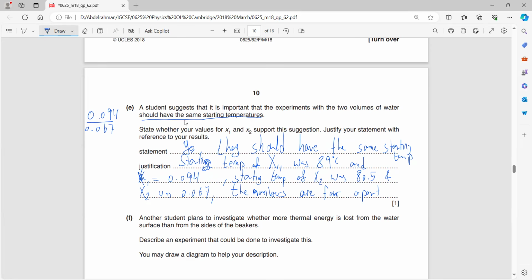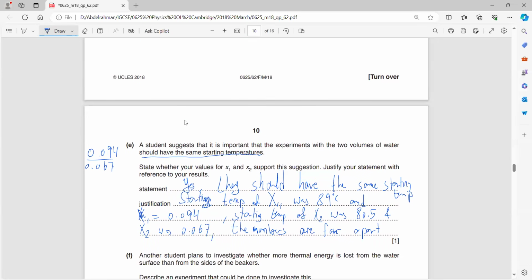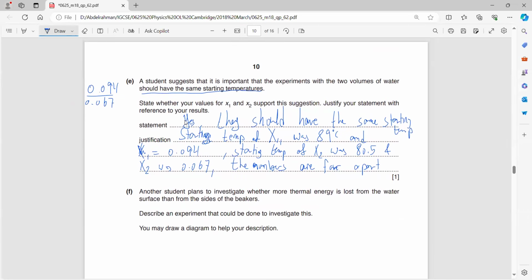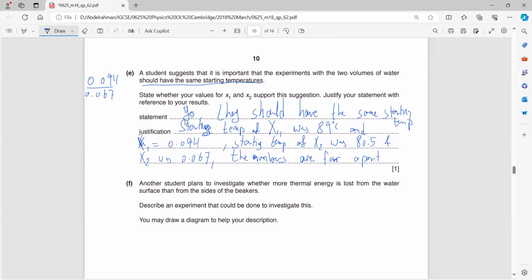Again, the question is asking me, is it important for X1 and X2 to have the same initial temperatures? For example, if I'm using the same volume of water, 100 centimeters cubed, is it important for the initial temperatures to be the same? Yes, it is important. Why?